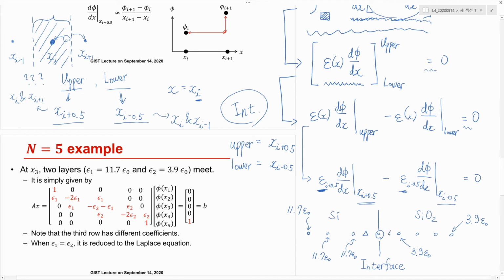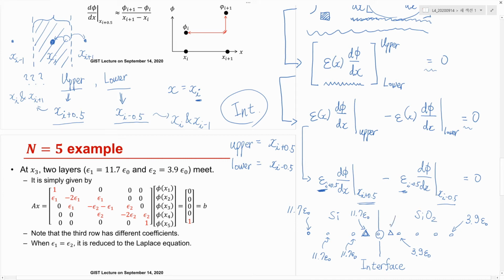And how about the permittivity at another half-indexed position? Although this point is quite close to the interface, in this case we can surely say 11.7 is the relative permittivity.